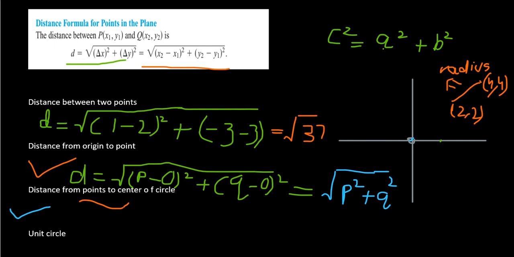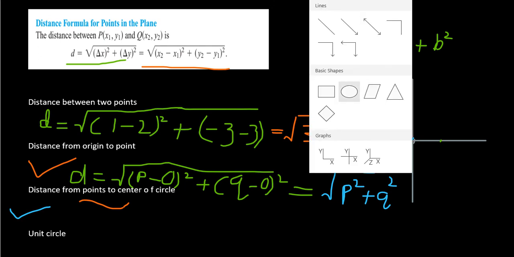So what is the unit circle? Unit, as the name shows, it must contain something, it must relate something with one unity. So I will simply plot the graph of a unit circle.